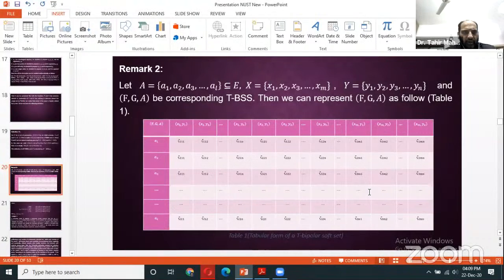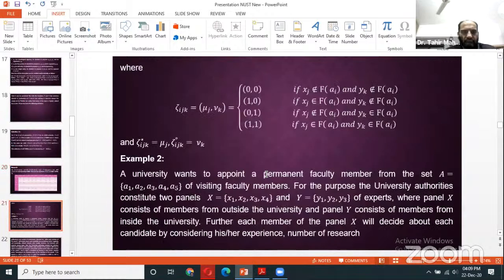Remark 2: let A equal {a1, a2, a3, up to aL} be a subset of E, X equal {x1, x2, x3, up to xM}, Y equal {y1, y2, y3, up to yN}, and (F, G, A) the corresponding T-bipolar soft set, then we can represent (F, G, A) as the following table, where zeta ijk is equal to the ordered pair (mu j, nu k), and mu j and nu k are defined by this one, and further zeta star ijk is equal to mu j and zeta circle ijk is equal to nu k.